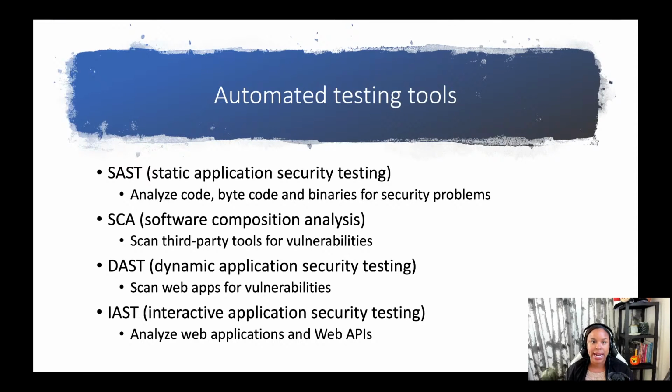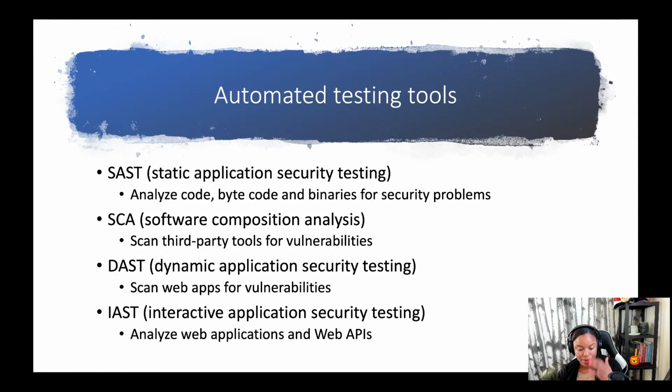First up, I wanted to call out the different types of automated testing tools. This was something that I covered in the secure development stream, the last stream. We talked a little bit about the different types of tools that you can use. There are a lot of options here, and I called out the categories of them.